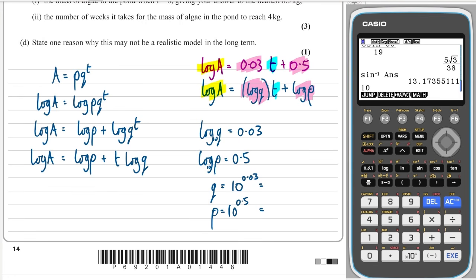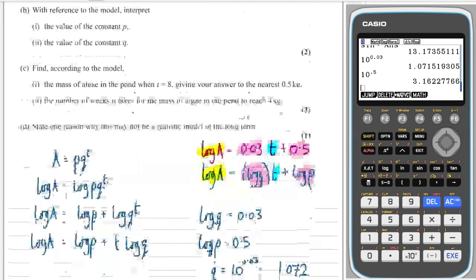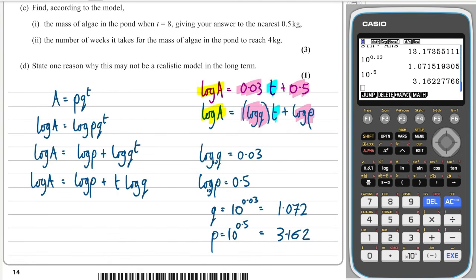Okay, then we just work those out. 10 to the power of 0.03 is 1.072, and 10 to the power of a half is 3.16. And did it say 4 significant figures? Oh, so there needs to be a 2 there.